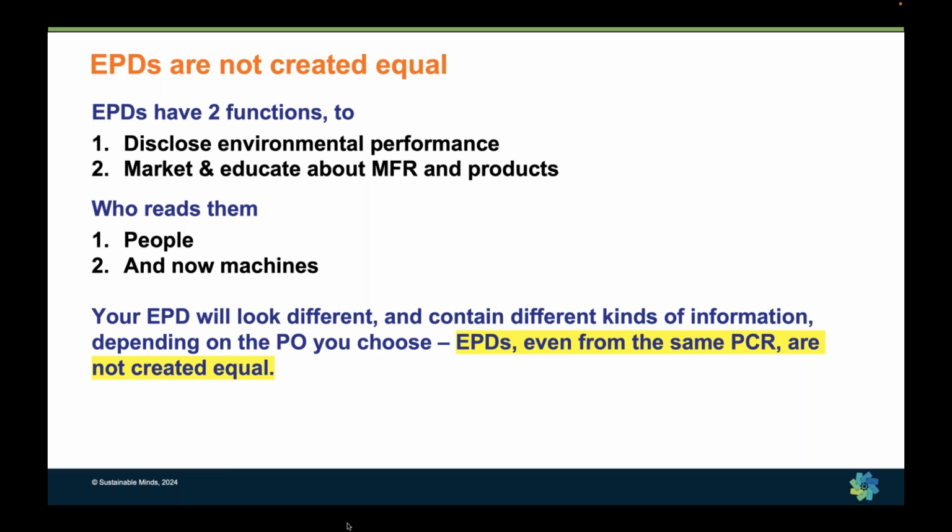But frankly, we've always believed that content should be in the EPD in the first place. So EPDs have two functions. One is to disclose environmental performance, and the second is to market and educate.